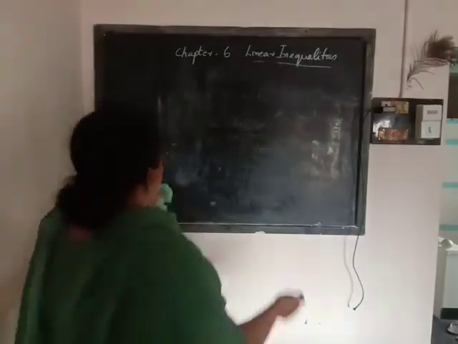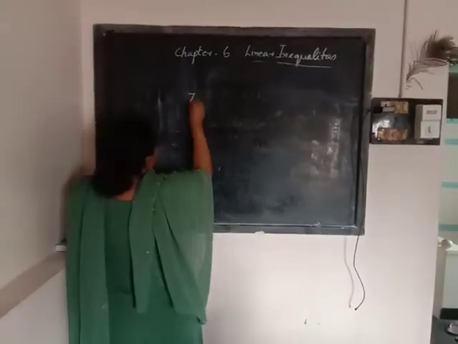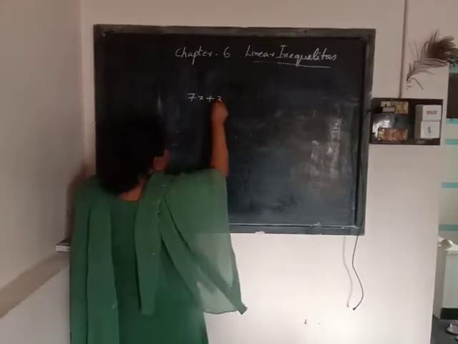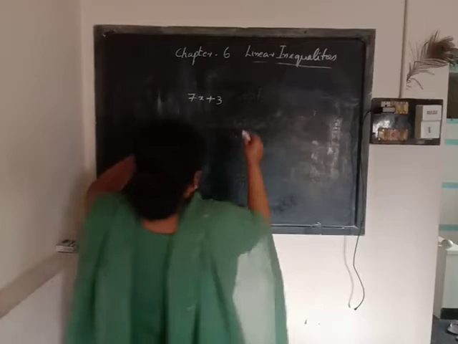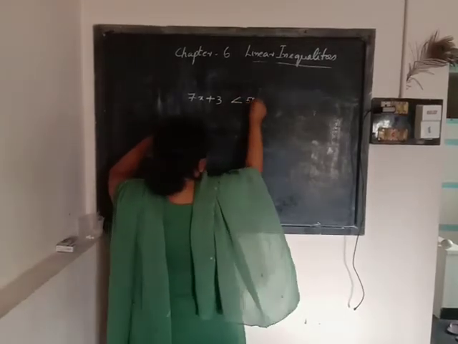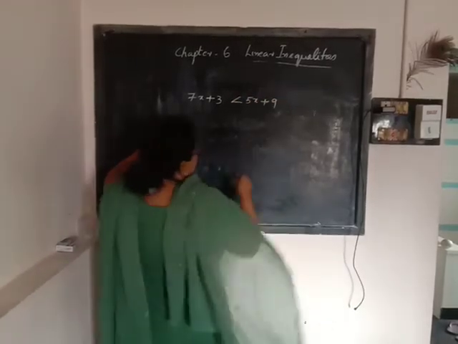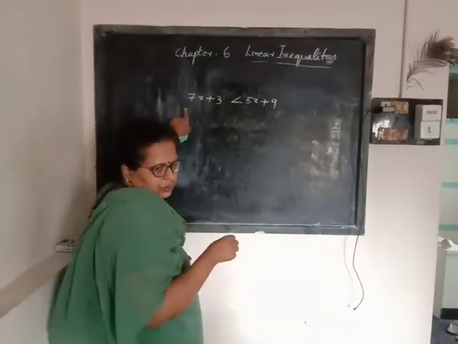Next one, 7x plus 3 less than 5x plus 9. So this 5x I have to take to the left hand side.